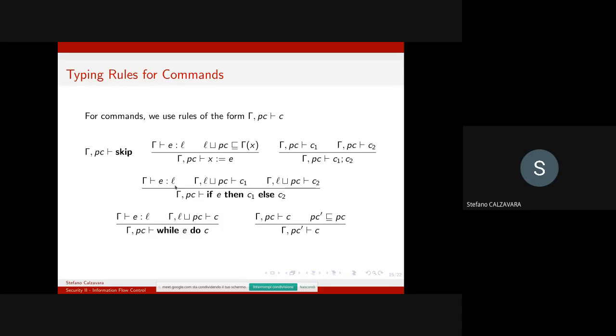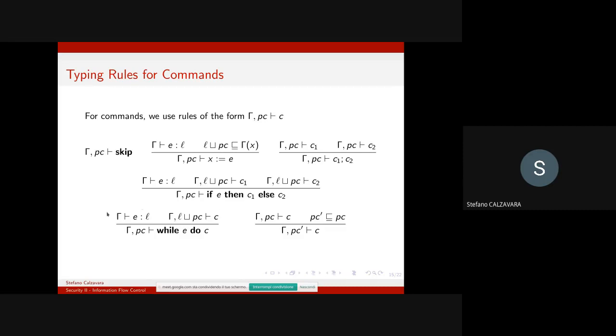So if the guard is high confidentiality, it means that the PC label will move to high, and this means in particular that any assignment to public variables inside a high conditional is forbidden by the type system.